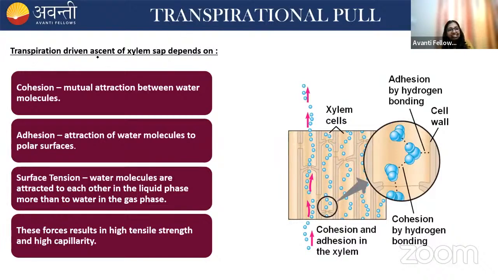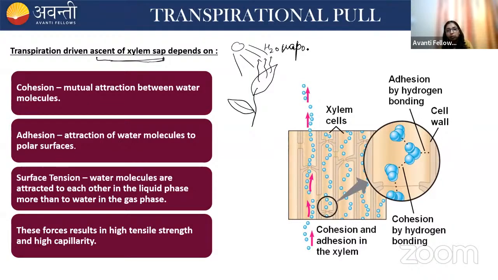Moving next is the ascent of sap, transpirational pull. When the light is falling on this leaf, the water is evaporating in the form of water vapor, and the loss of water in the form of water vapor we call transpiration, because continuously water is evaporating from the leaf.